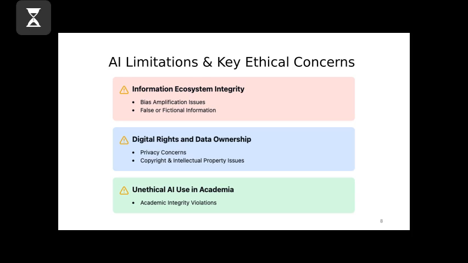So again, AI development and use can create serious privacy concerns. There are very complex issues related to copyrights and intellectual property issues, and these are topics we should constantly talk about and discuss and make sure that we keep AI companies accountable and transparent.